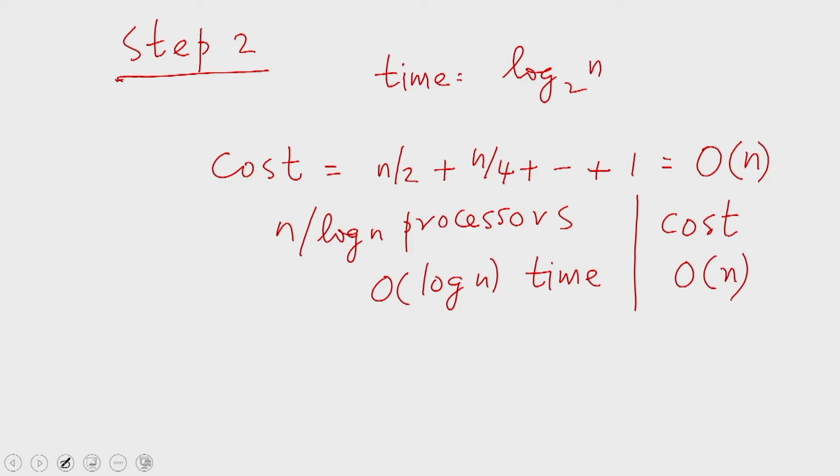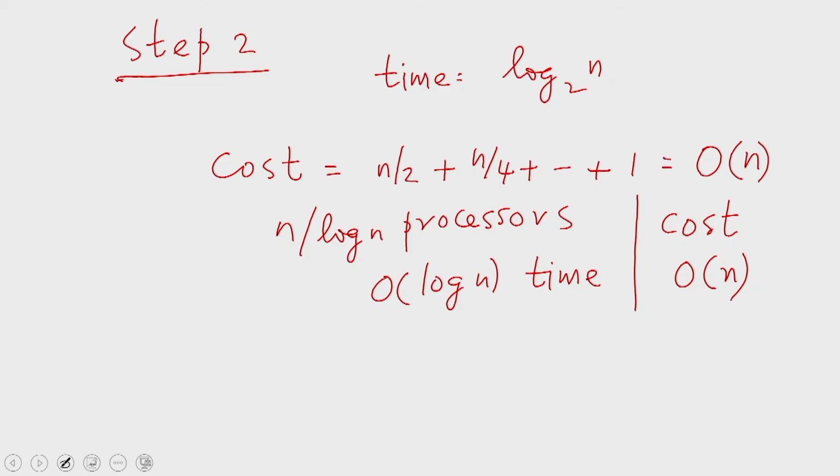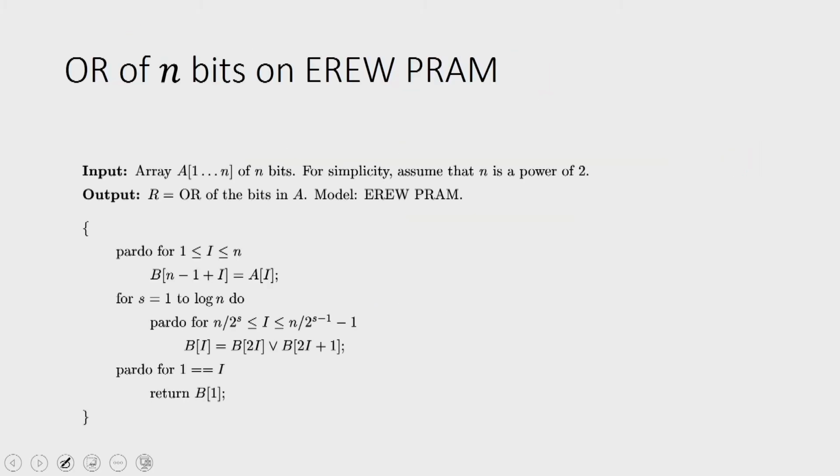So, by Brent's scheduling principle, step 2 can be scheduled in order of n cost and order of log n time. Finally, in the third step, we return the root's value.